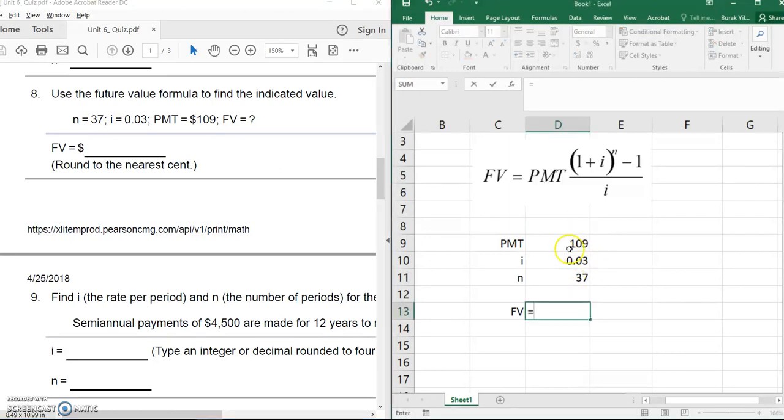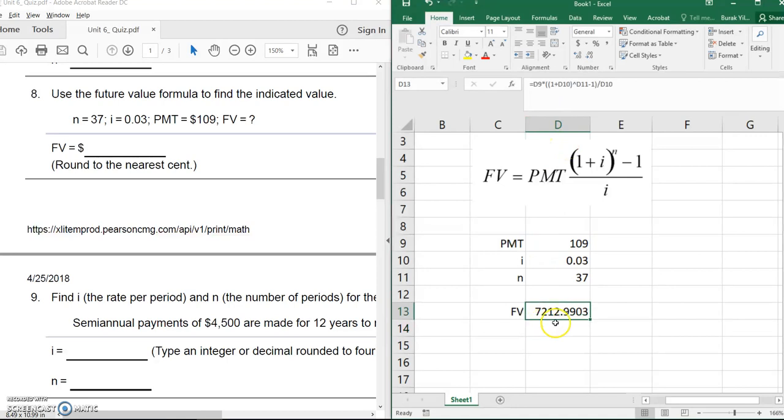So the future value would be the periodic payments multiplied by, so I'm going to open parentheses here and close it, and inside the parentheses goes another parentheses, 1 plus I, close parentheses, to the power N. See, it's 1 plus I to the power N, and then minus 1, and then this whole thing is going to be divided by I again, and that's it.